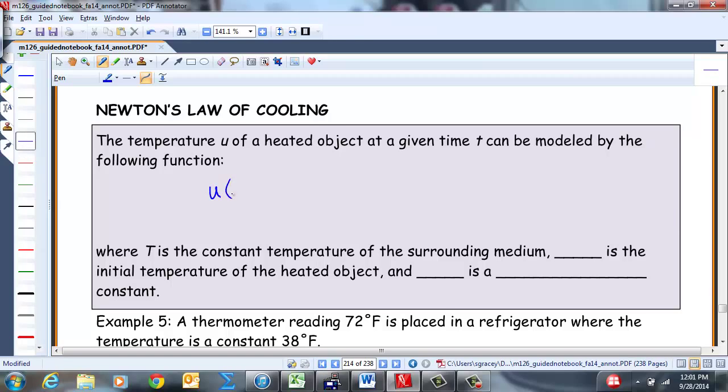So U at time t is equal to capital T plus the quantity, the initial temperature, or I'm sorry, U at t is equal to capital T. So capital T is different than lowercase t.